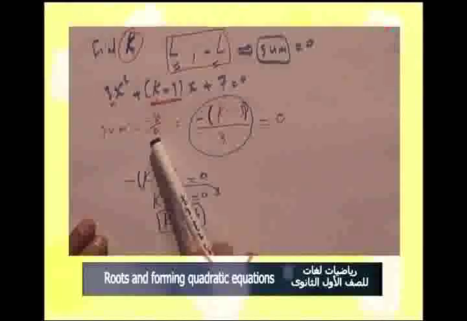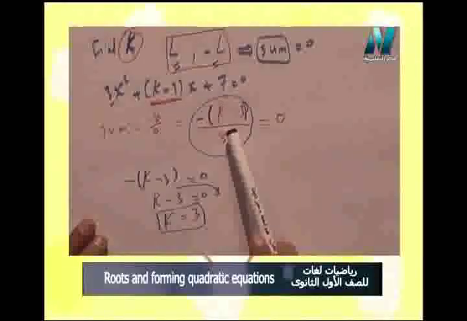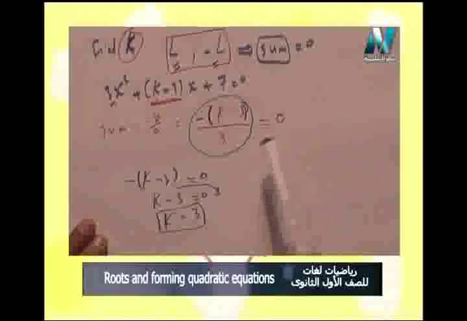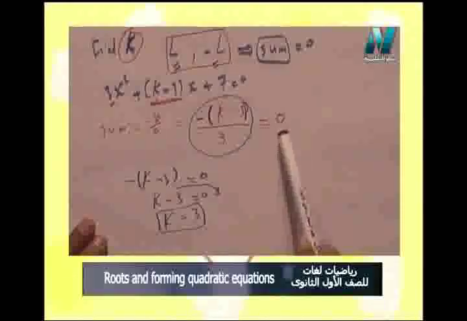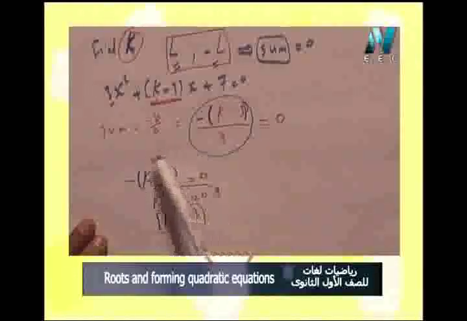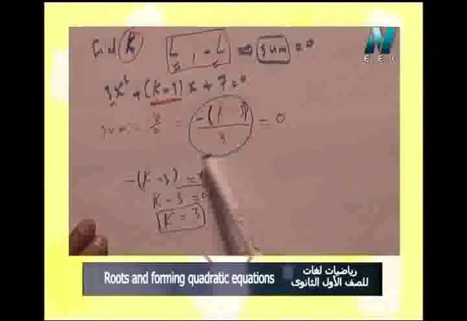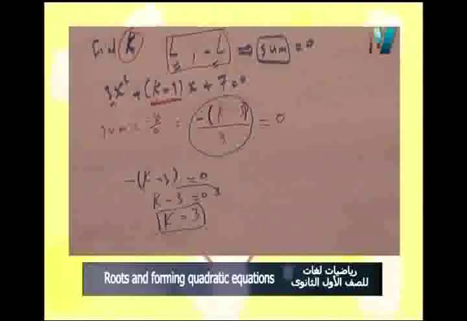Sum equals negative b over a, which is negative k minus 3 over 3, and we equalize it by 0. We have found that it is a very easy equation now, and easy to find the value of k. Okay, let's move to another question. All of them are easy questions for you because you are intelligent and smart students.